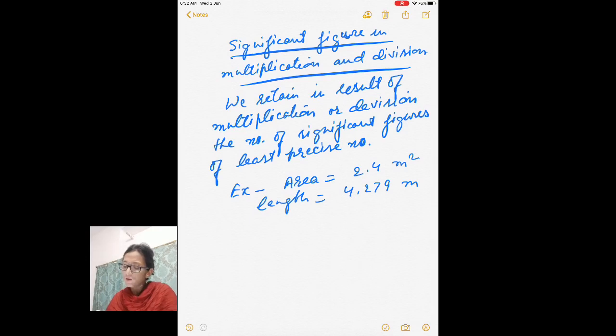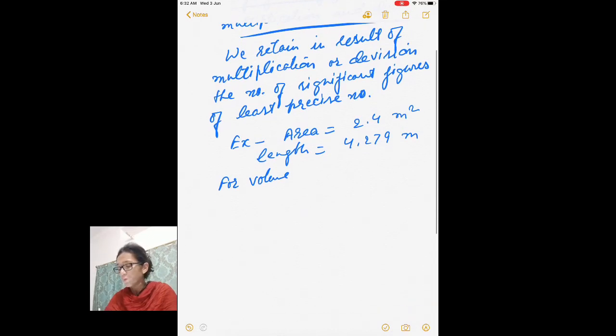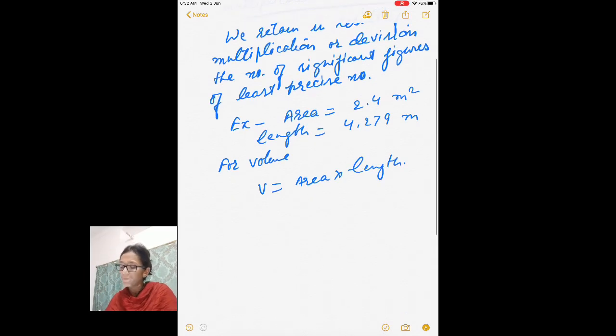So for volume, when we multiply the two, volume is equal to area into length. So let me multiply 4.279 by 2.4.